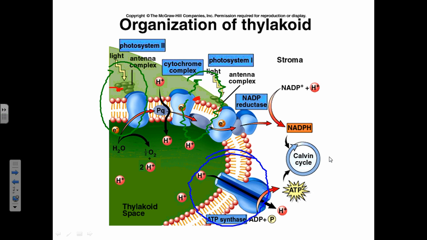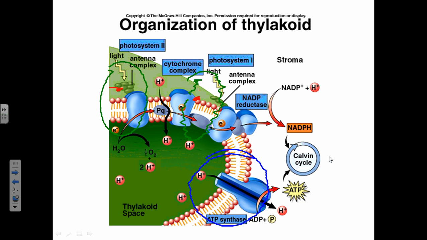And when it opens up, those H pluses shoot through it really fast. And this enzyme part of the protein can use the energy to put ADP and P together with some energy to make ATP. We call that what kind of process? What's the name for it? Yeah, but it's called chemiosmosis. Using energy from moving protons, proton gradient, to make ATP.